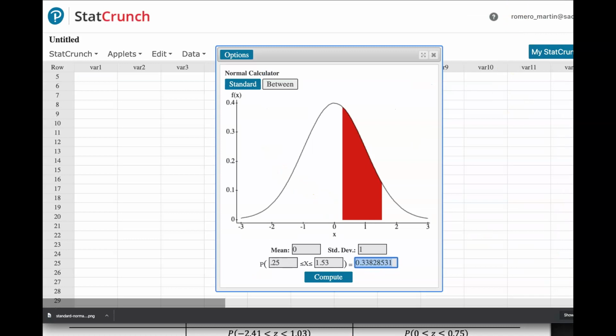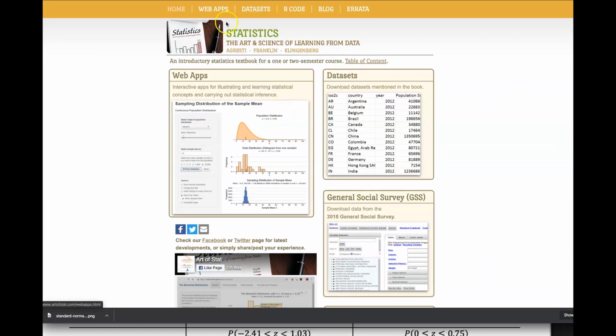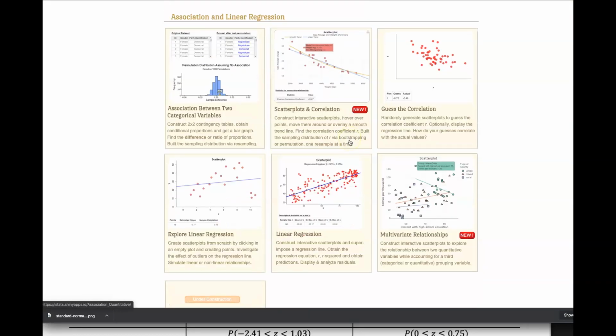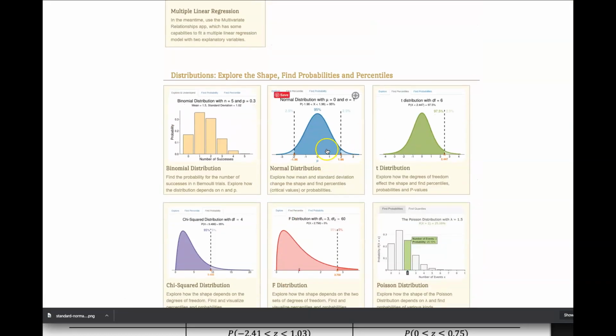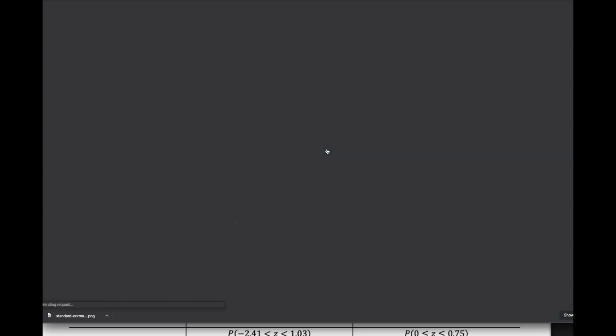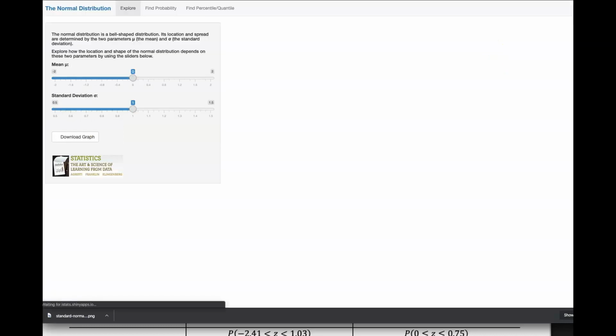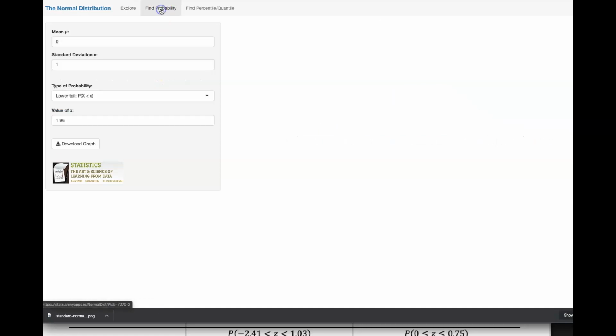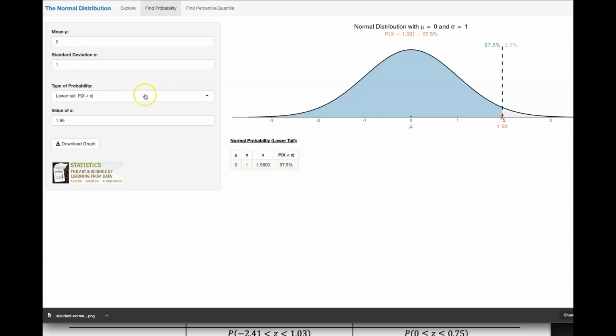In the Art of Stat, when you get there, go to your web apps. You're going to look at distributions. I'm looking for the normal distribution. There we go. Within the normal distribution, you will see we want to find probabilities. You can also explore what happens when you change the mean. But find the probability: the mean is 0, standard deviation is 1.